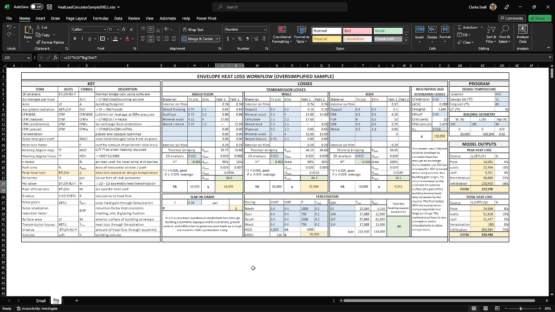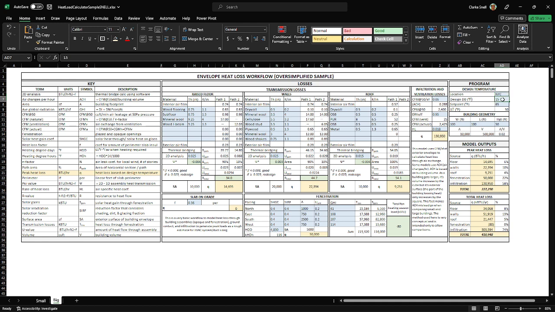Okay, so that's the basic idea of how Excel works in a very, very simple way. How is this spreadsheet set up? We have the program over here, and that is our design temperature. So we're in New York City. I decided that my design temperature, that thing we were looking at in the other spreadsheet, I'm not even saying if it's a 1% or 0.4% or 0.04%.